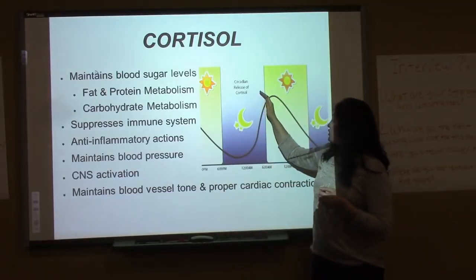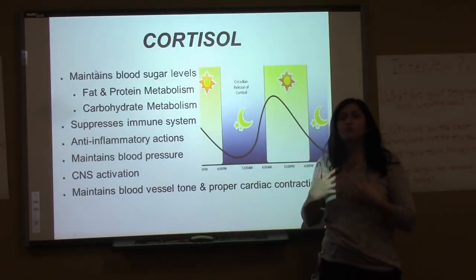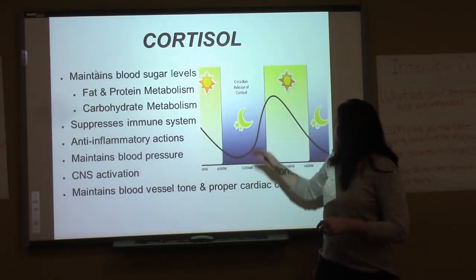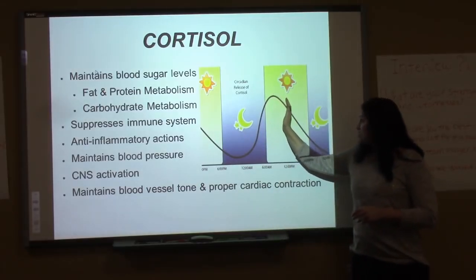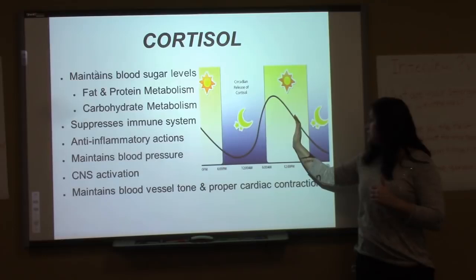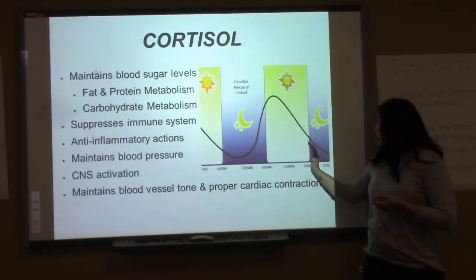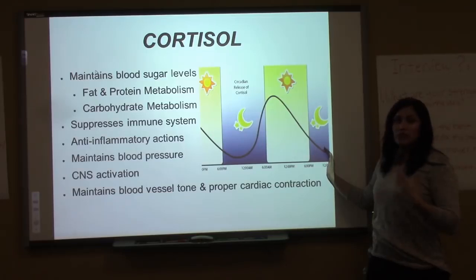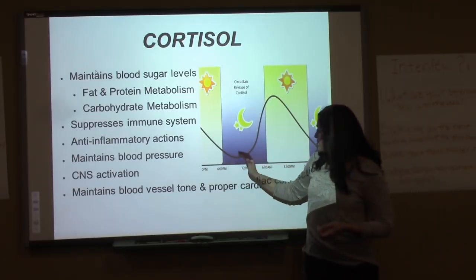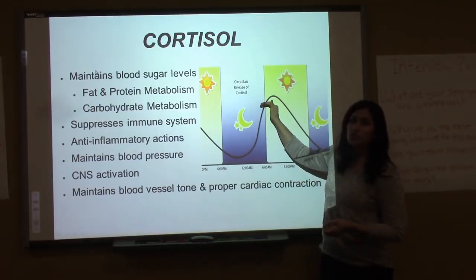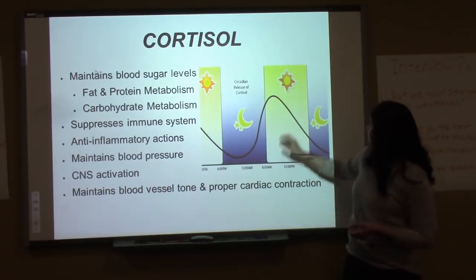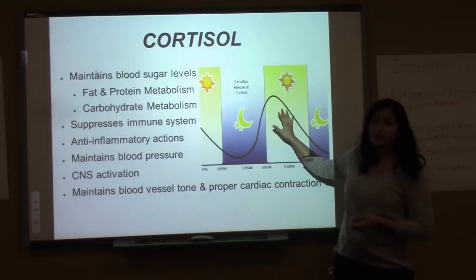Therefore, it peaks 1 to 2 hours before, trying to help you deal with that stress. And then as the day progresses, slowly the cortisol levels start to decline. And it is again the lowest at basically midnight. And then once again, it slowly starts to rise. That is your circadian rhythm.